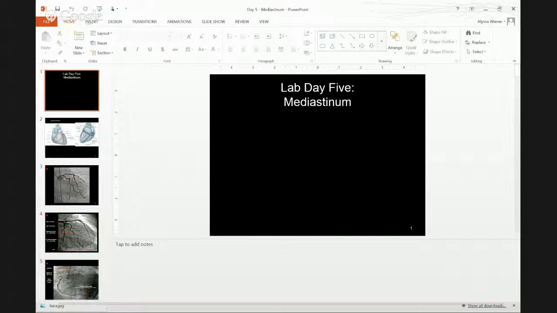Okay, this one's a little bit trickier. What is this arrow pointing to? What is this? That is your pulmonary trunk. Okay, we can't see it connecting to the right ventricle, but we've seen other slices in lab, and there should be other slices in your Core 40 images where we see this really nice connection between the pulmonary trunk and the right ventricle.